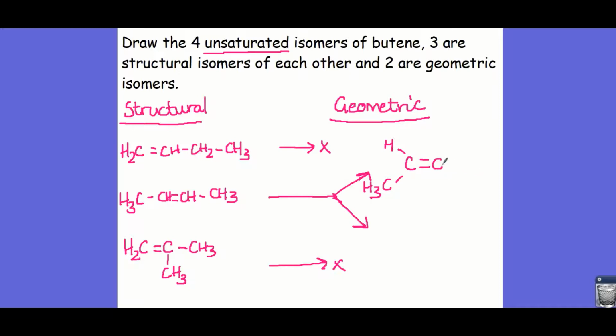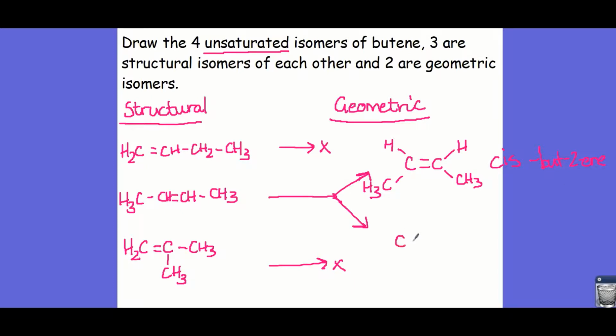And if we look here, we have a hydrogen, and we also have a methyl group. So we have 2 methyls down here, 2 hydrogens up here. Each carbon in the double bond has different substituents. So this will be cis but-2-ene.